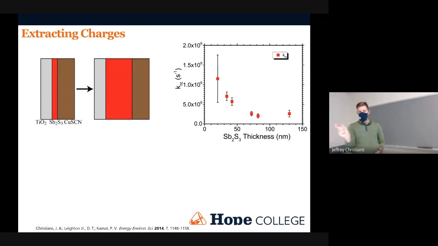Essentially, what we did is we took the film thickness, our absorber film, that's the red here, and we made it different thicknesses. So if we change the thickness of the thing that's experiencing heat transfer, that's going to change the Biot number. It's going to change the relative ratio of how things are moving inside of that material versus how they're getting swept away by convection at the surface.